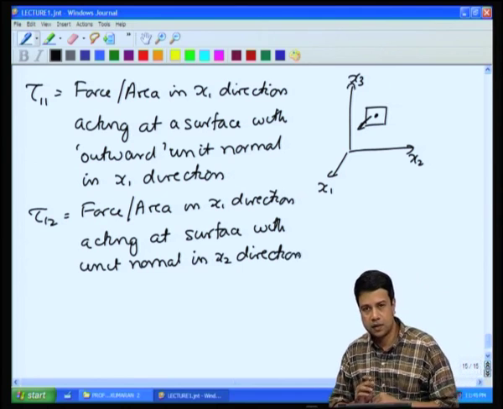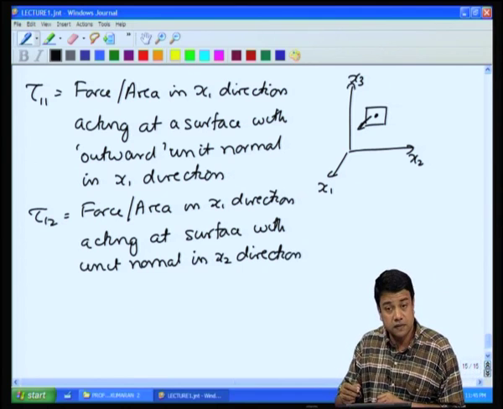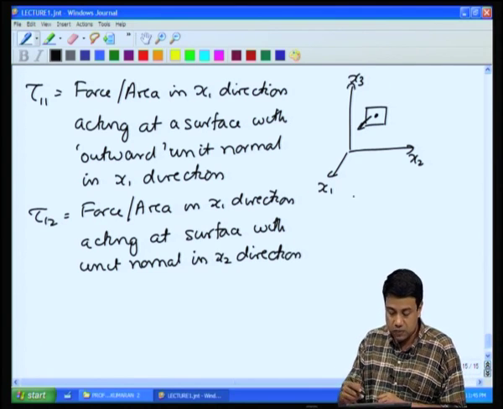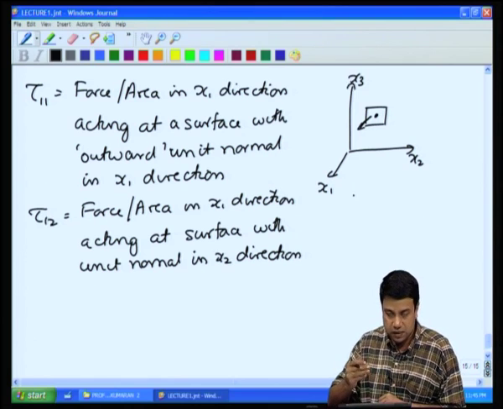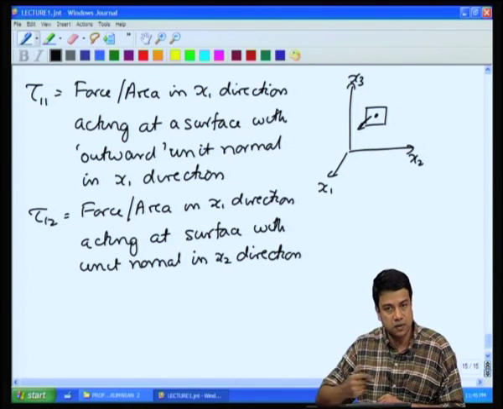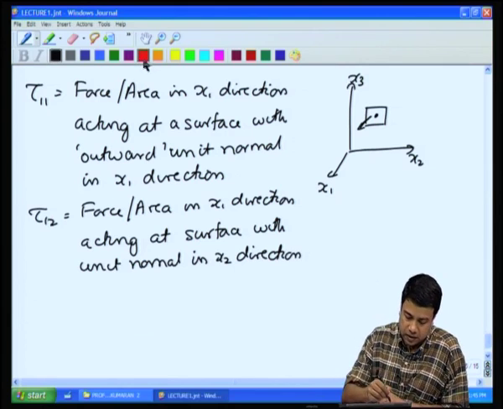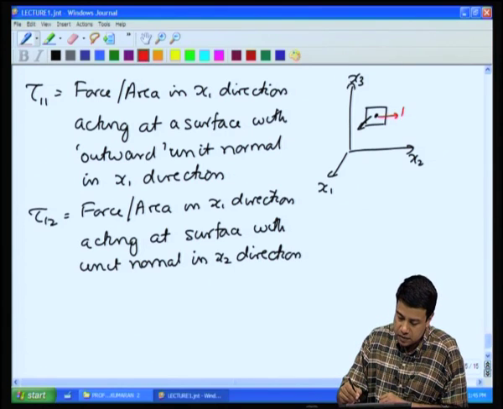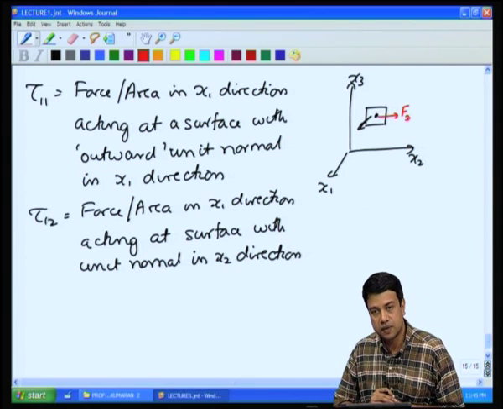Okay. So, in this particular case, if I want to measure what is tau 12, I go to this location once again, construct a surface with unit normal in the x1 direction, and then I measure what is the force acting here in the x2 direction, divide that by the area.